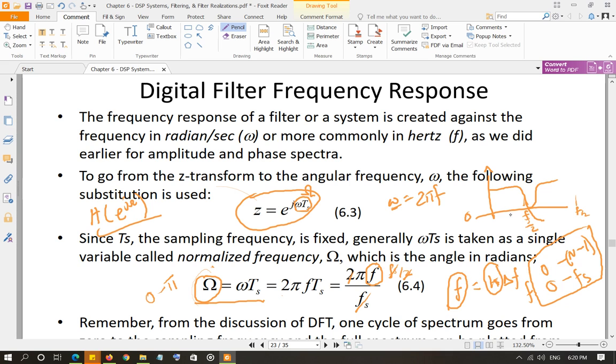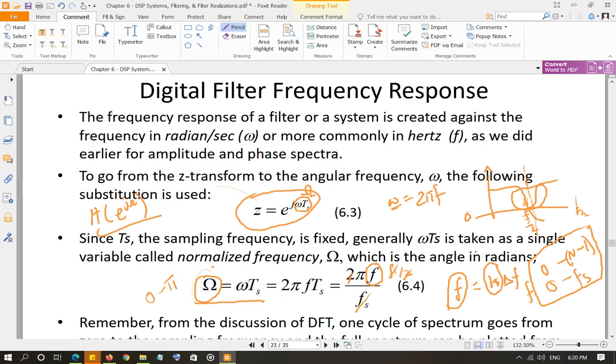But remember, this does not mean that it is a band stop filter. Apparently you will say, hey, this is a band stop filter because it's stopping this band of frequencies. But it is not, because the response is determined from 0 to fs by 2. Whatever you see from 0 to fs by 2, that is the type of filter it is, and that is a low pass filter.